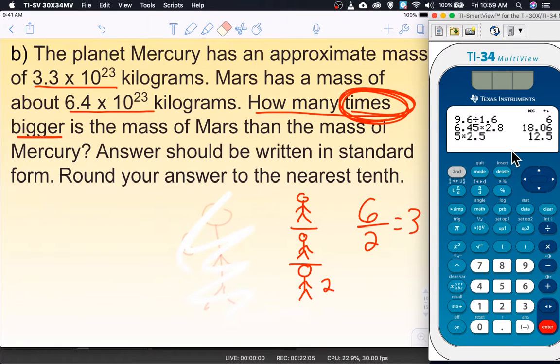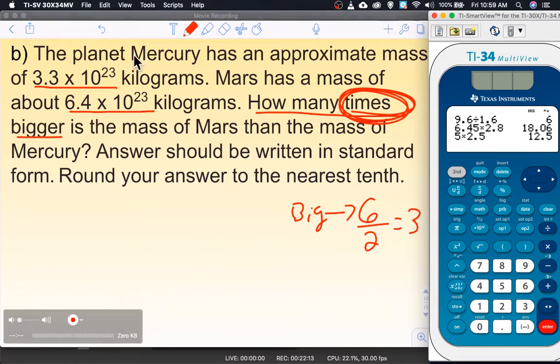Okay? Now, when you're setting up your division, we put the bigger number on the top. So I have to decide, out of these 2 planets, out of Mercury or Mars, which one is the bigger planet? I start by looking at their power of 10, and it's the same. They have the same power of 10.